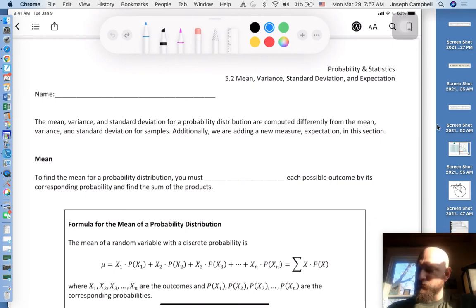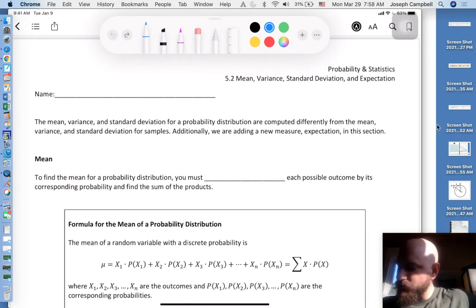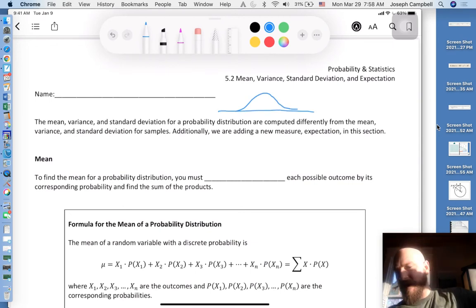Okay, so we talked most recently about the normal distribution, which is a continuous distribution. It is theoretical. It's a model which we use to model what we see out in the real world.